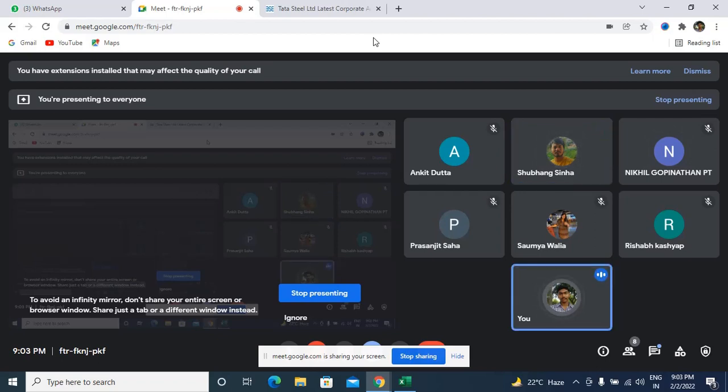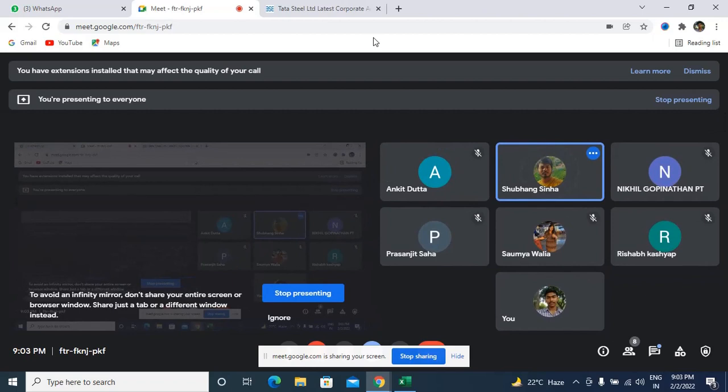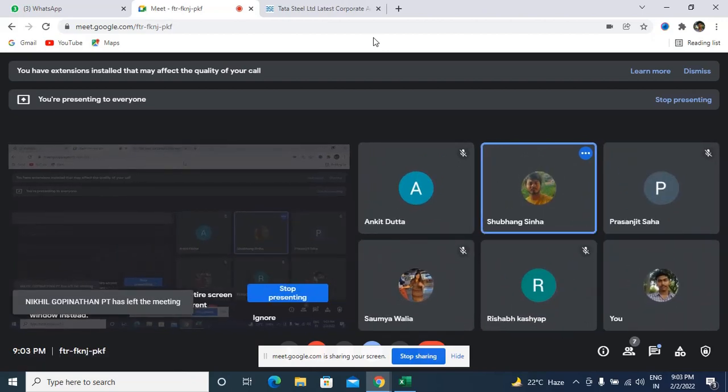And what I assigned you about the shareholding pattern? Shubham, which company did I assign you for the shareholding pattern? Sorry, sir, my network went off. Can you repeat again? Which company did I assign you to find the shareholding pattern? Steel Authority of India.